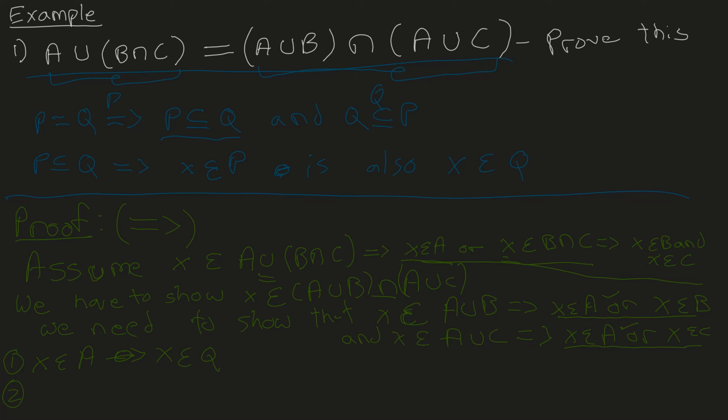Let's assume now the second case, which is x is in B intersection C, which we said means x is in B and x is in C. Since x is in B, this first part is proven, and since x is in C, this second part is proven.